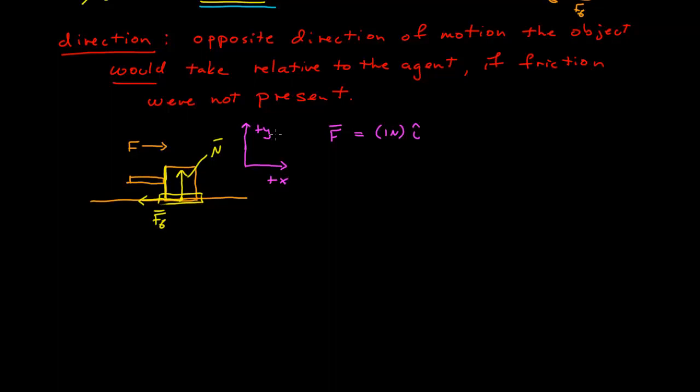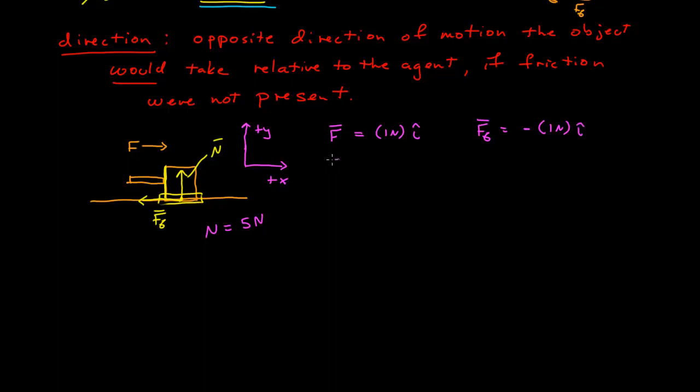And we find out from other methods that the normal force that the Earth exerts on the block has a magnitude of 5 newtons. Right. Well, if the system is not moving, if the force on the object is 1 newton, then the frictional force on the object is equal to negative 1 newton i hat.